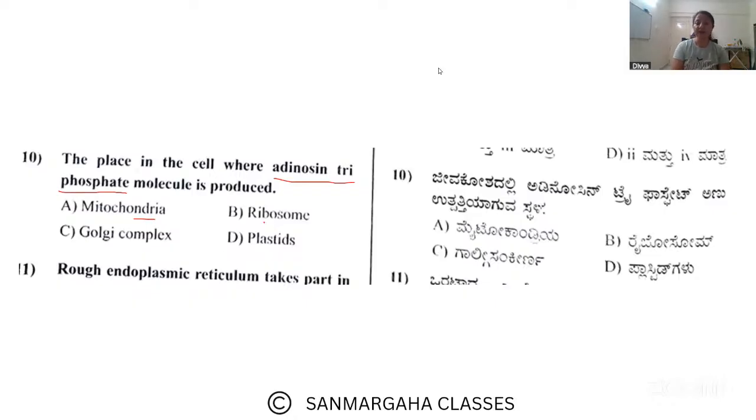Okay, so ribosomes. So ribosomes, is it connected with ATP? No, it is connected with proteins, protein synthesis, right? Then Golgi complex. Golgi complex, it just processes and packages the proteins, correct? Then plastids. Plastids are for photosynthesis.